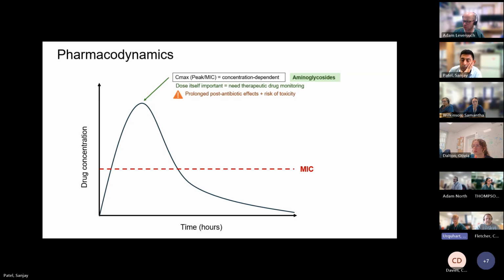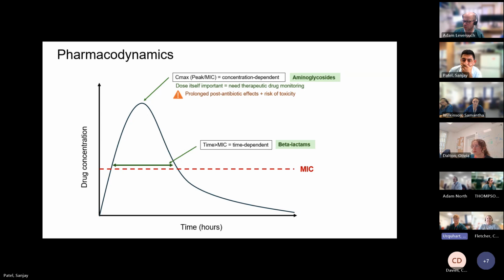These take longer for the bacteria to generate. And so the time above MIC for these drugs isn't as important as really getting that dose in. And that's why, if you've got poor clearance of gentamicin, we prefer to extend the interval rather than reduce the dose, because getting that peak is really important.